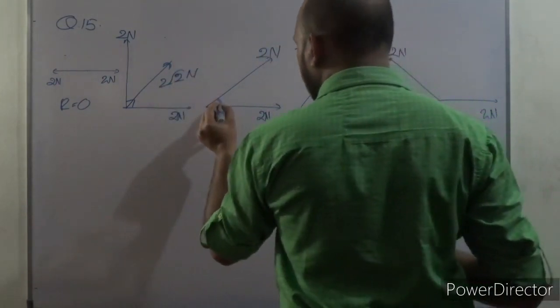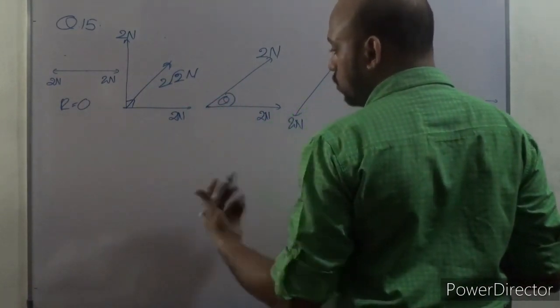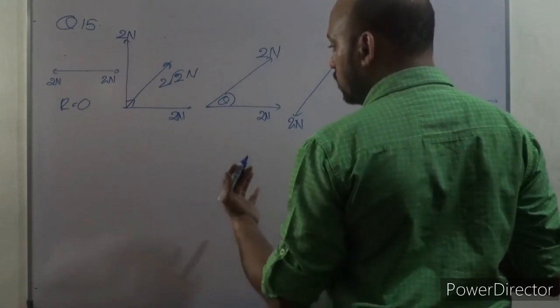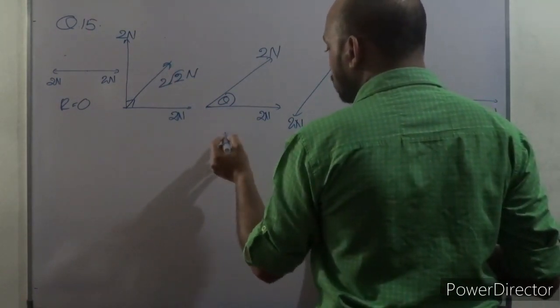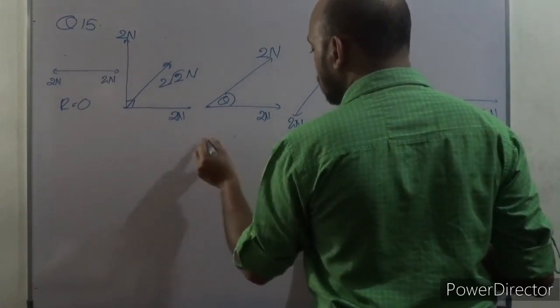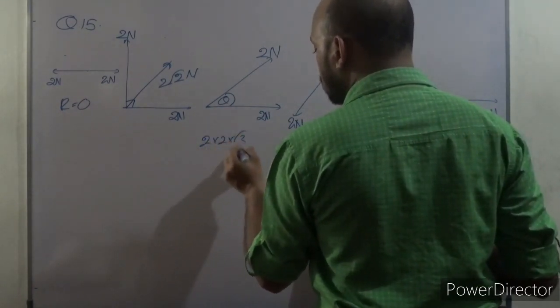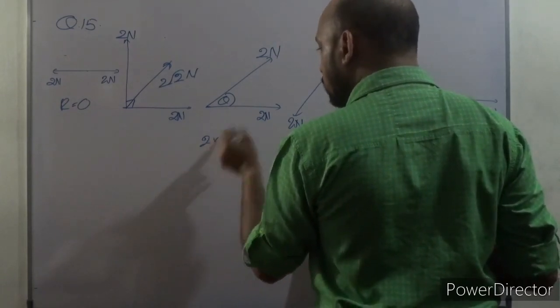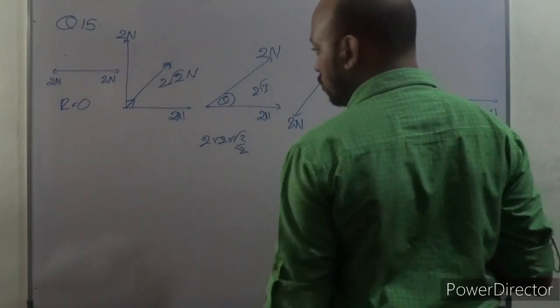Here suppose it is 60, so 2 into 2 cos 30, which is 2 root 3, greater than 2 also.